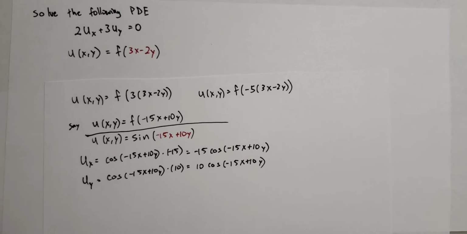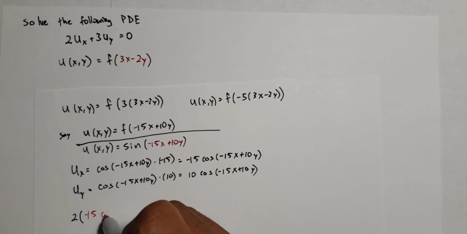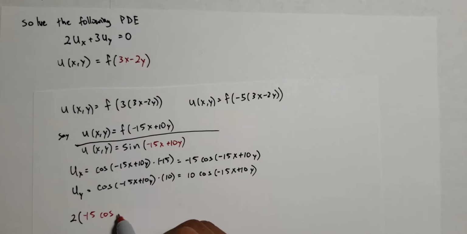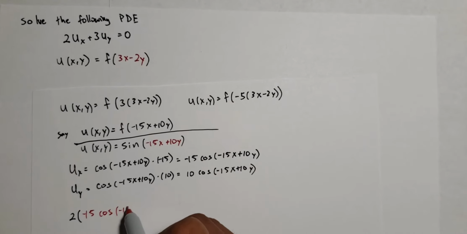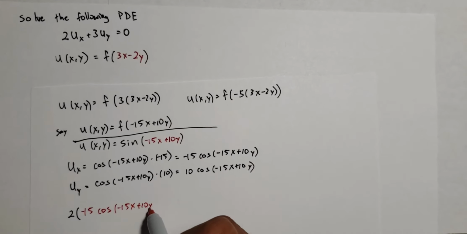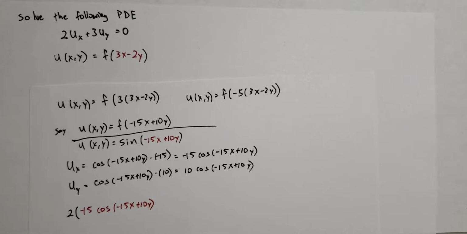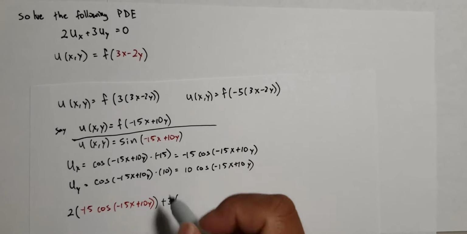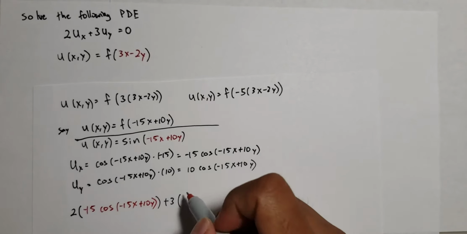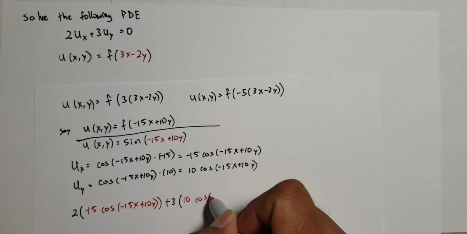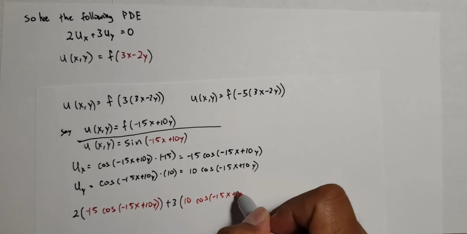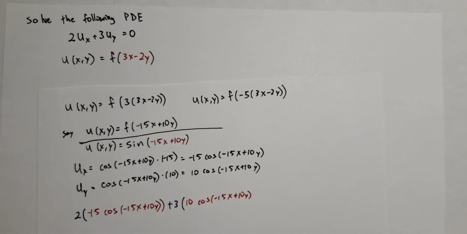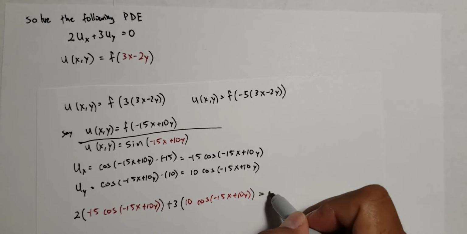So that means we're going to have 2 times u of x, being negative 15 cosine, and then we're going to plug in plus 3 times u of y, which is 10 cosine. And is that equal to 0?